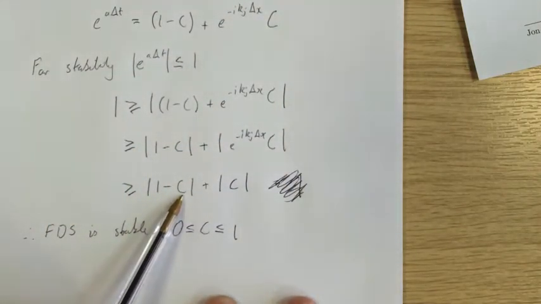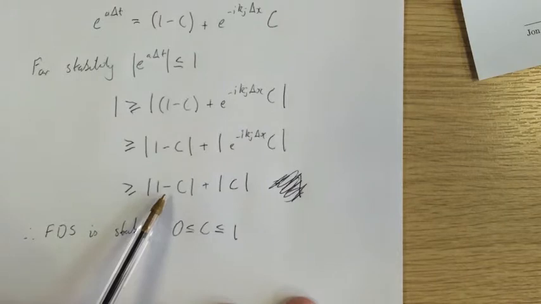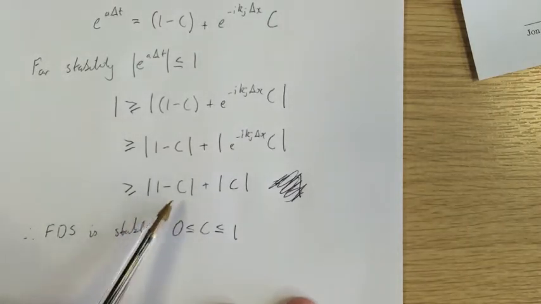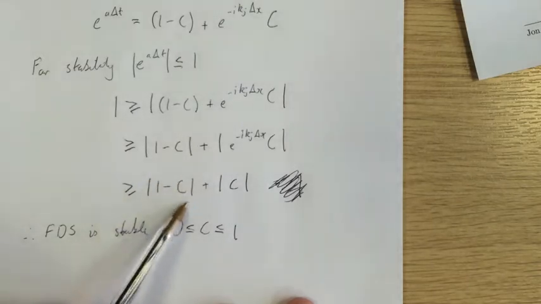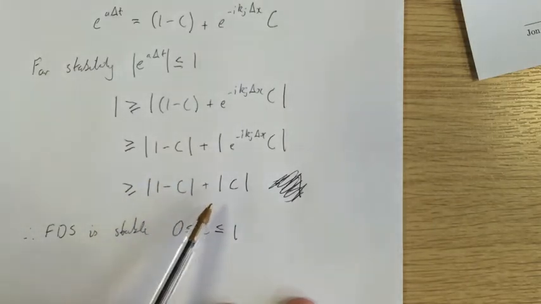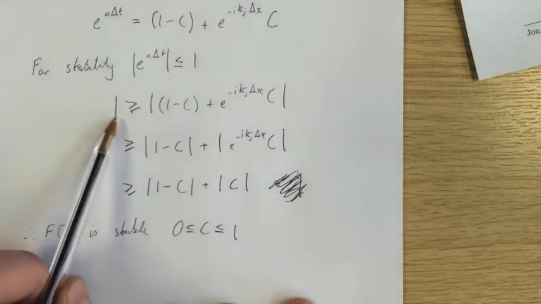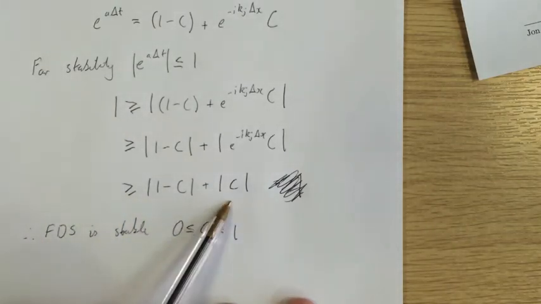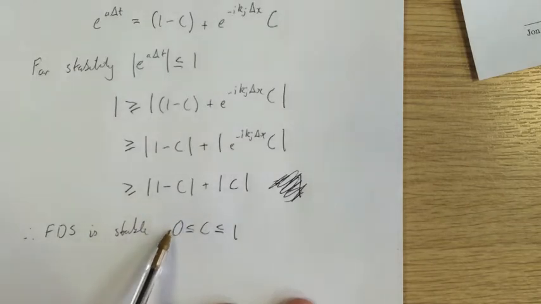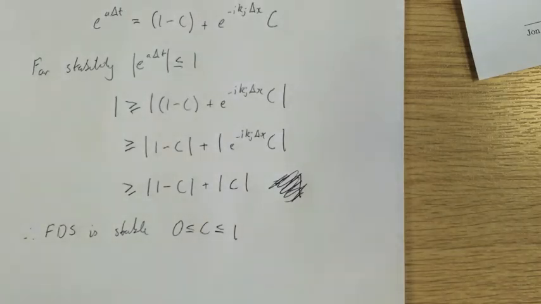If c was 2, or let's say c was 3, sorry, we'd have 1 minus 3, which would be minus 2, and because it's an absolute value, that becomes plus 2, plus 3, so that's not less than or equal to 1. So the only time this is satisfied is when c is between 0 and 1, and hence when it's stable. Okay, and that's question 5 complete.